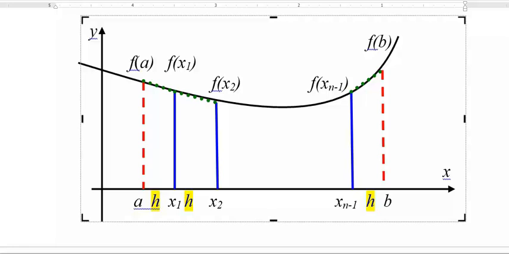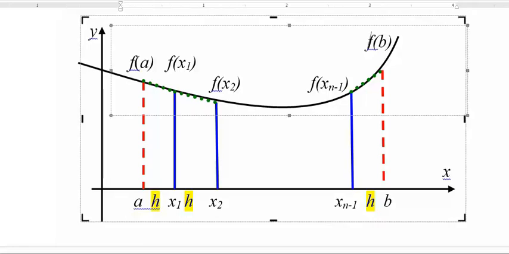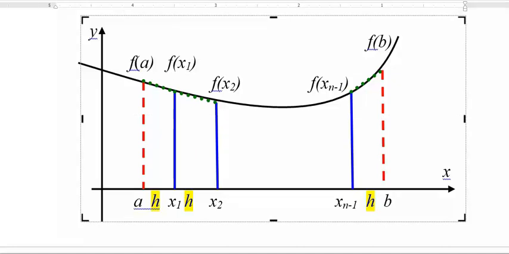If we add all of them, we have f of a and f of b one time, and f of x1 two times, since it appears in the first interval and the second, and so on.